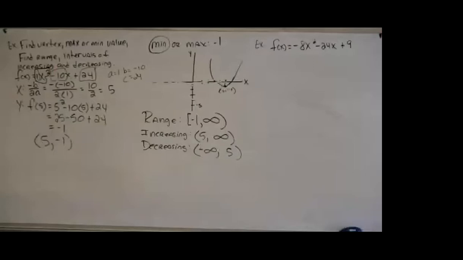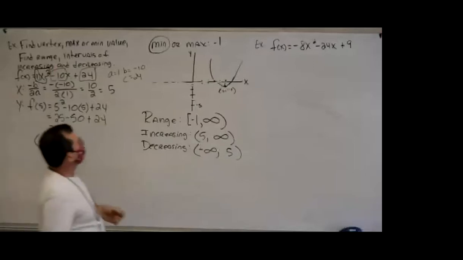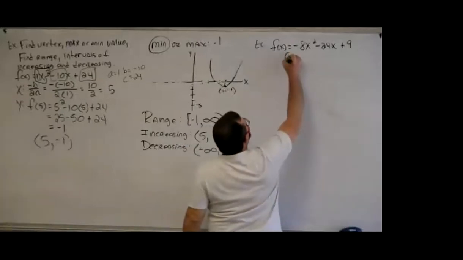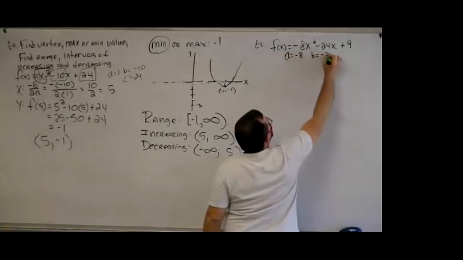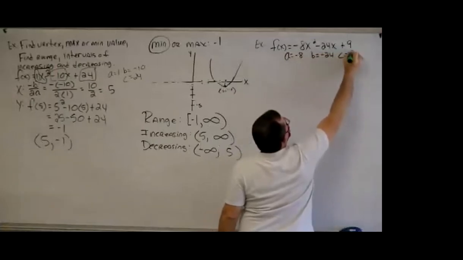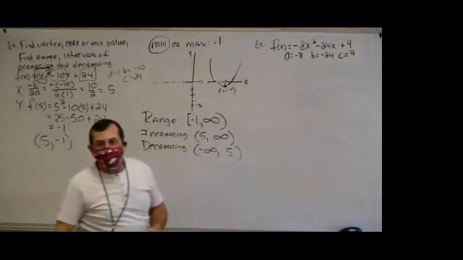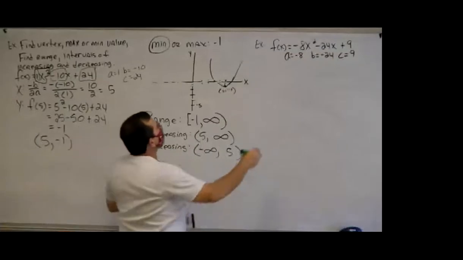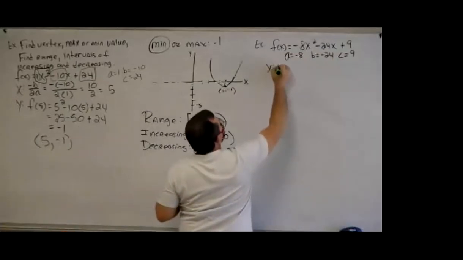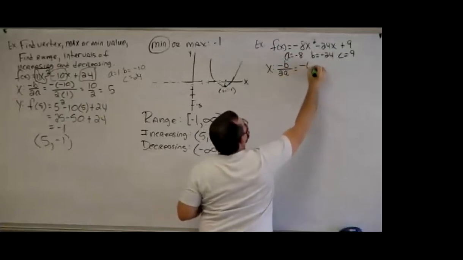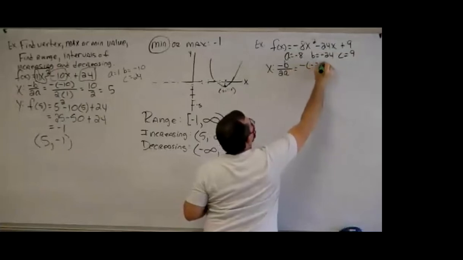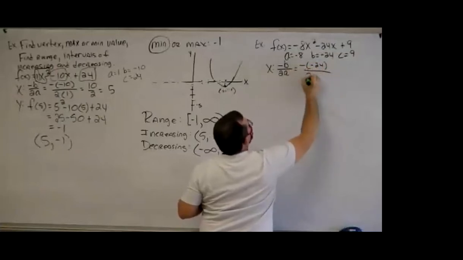So first I'm going to find my vertex. Remember on this one, a is negative 8, b is negative 24, c is a positive 9. So we're going to get our x value, negative b over 2a. That's going to give me a negative negative 24 all over 2 times negative 8.